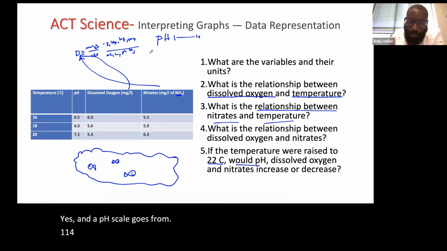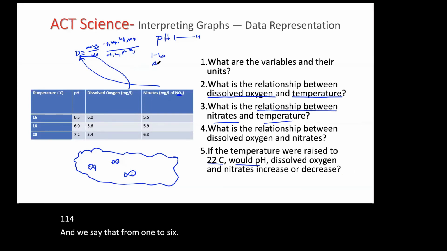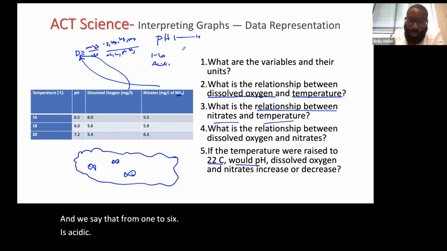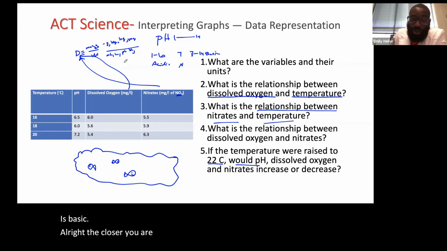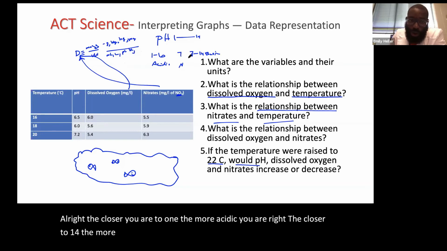We say that 1 to 6 is acidic, 7 is neutral, and 8 to 14 is basic. So the closer you are to 1, the more acidic you are. The closer you are to 14, the more basic you are. And the closer you are to 7, the more neutral you are.